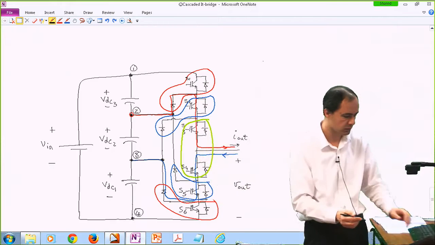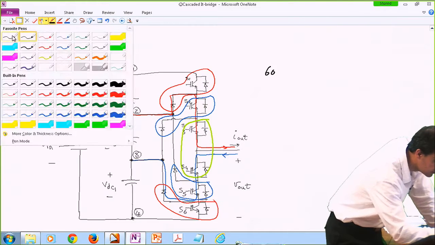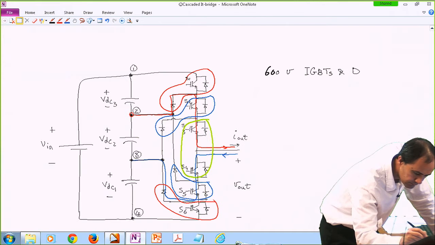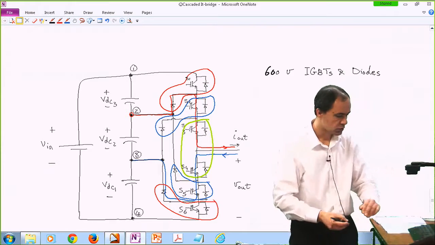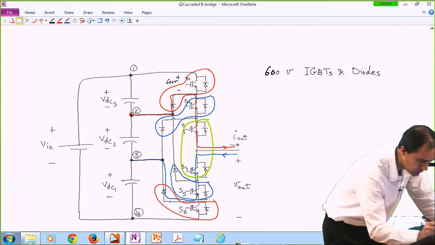So we have, let's say, 600 volt IGBTs and diodes. Technically from here to here I have a maximum of 600 volts when this switch is off.